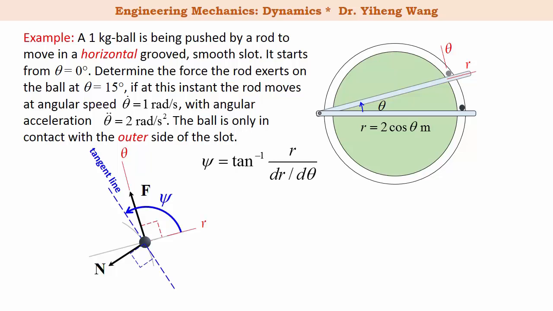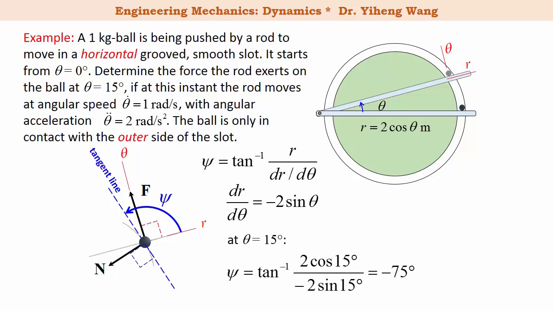Since in this case we do know the function of the path, r equals 2 cosine theta, therefore dr/d theta equals negative 2 sine theta. At theta equals 15 degrees, psi can be evaluated to be negative 75 degrees, which indicates a clockwise rotation of 75 degrees.